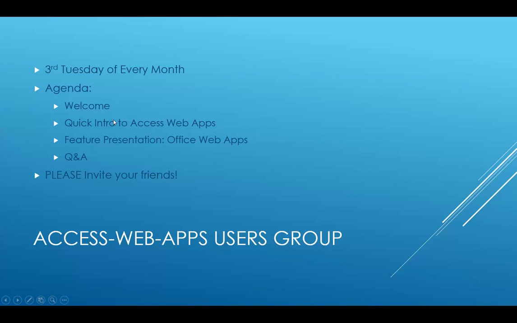So I want to talk a little bit about Access Web Apps versus regular Access Client Apps. Access Web Apps basically allow you to easily build an app that you can host in the cloud. You're housing it within SharePoint, and it's got a SQL Azure backend.